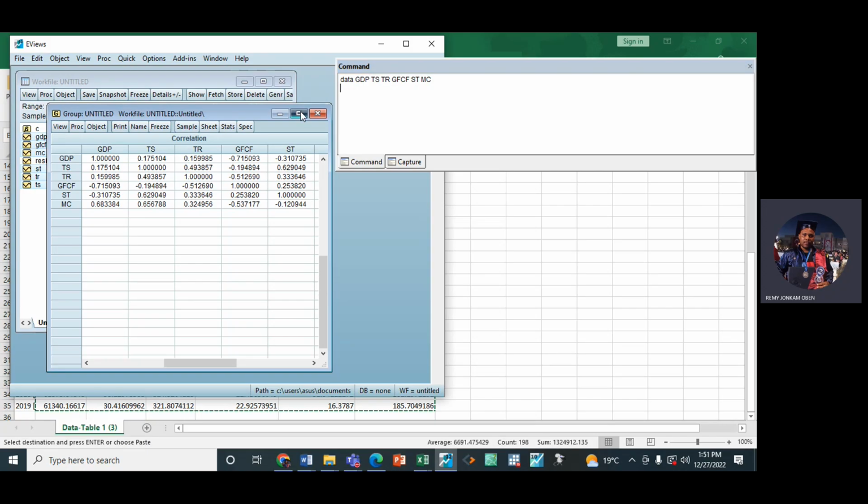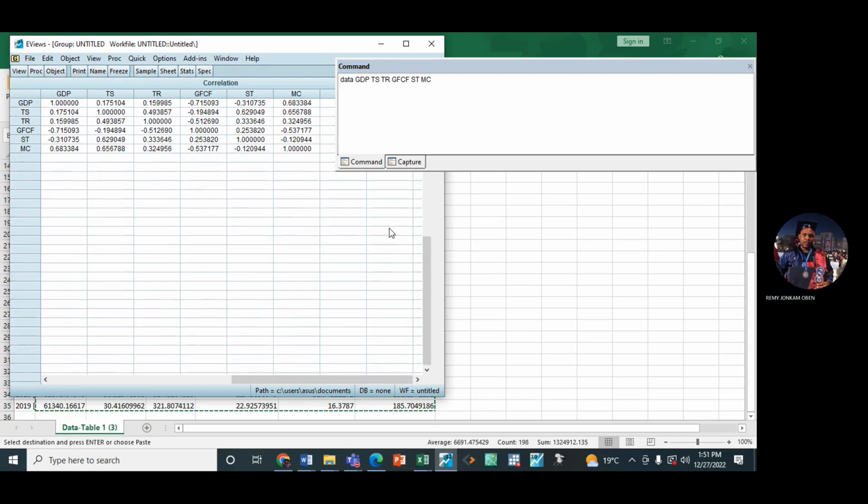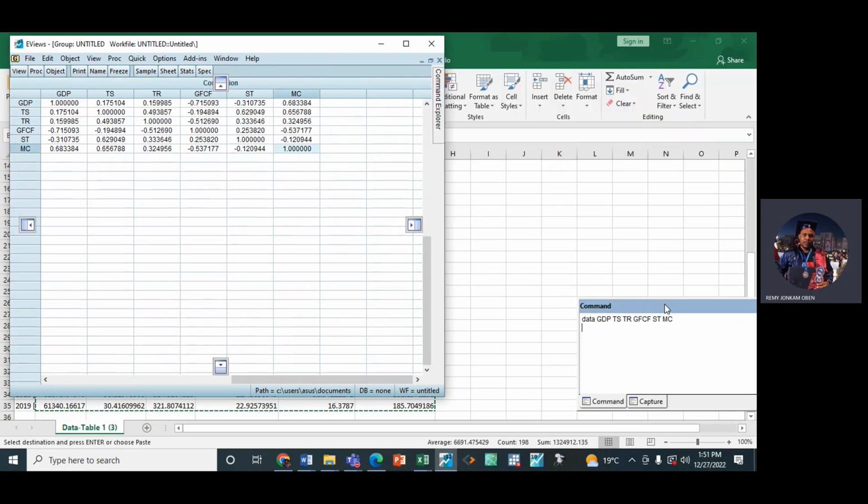Now, looking at the correlation matrix, what do we notice? For instance, this 0.17 is the correlation coefficient between GDP and TS, right? This 0.33 is the coefficient between TRO and ST, right? Now, look at all these correlation coefficients.